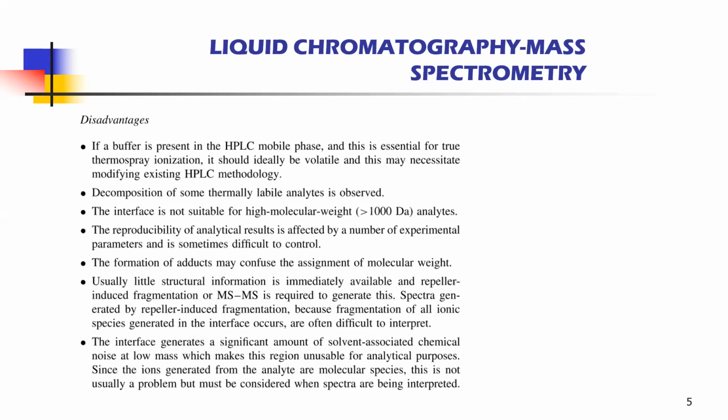Since the ions generated from the analytes are molecular species, this is not usually a problem, but it must be considered when spectra are being interpreted. At that level, we have to consider the noise produced due to the solvent we use in the HPLC. So those are the disadvantages of thermospray.